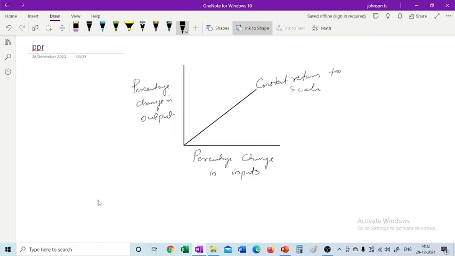What about this one? This line represents decreasing returns to scale.